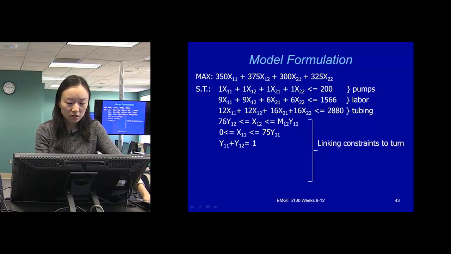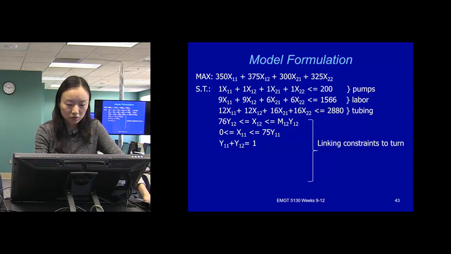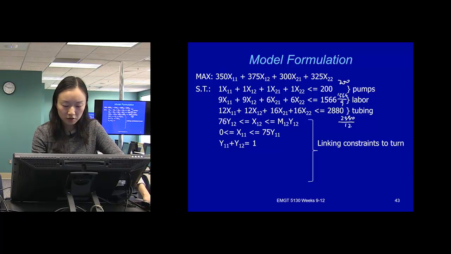And to figure out this big M value, you will do the same. Use 200. Let's just calculate here. So it will be like 200, 1566 divided by the 9 here, and 2880 divided by 12 here. And this M here should be the minimum between these two.